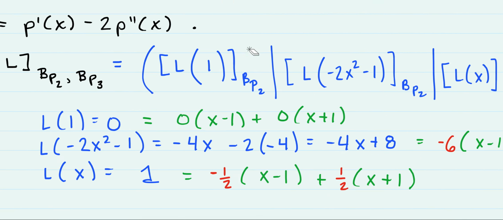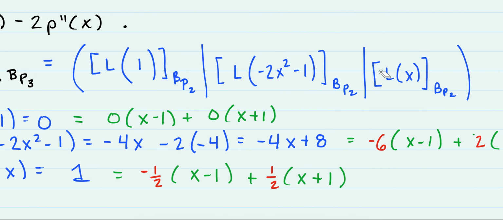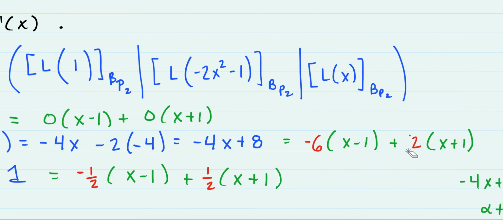And now we can just write this matrix because this is going to be 0, 0. This is going to be negative 6, 2. And this is going to be negative 1/2, 1/2. So let's write it out.